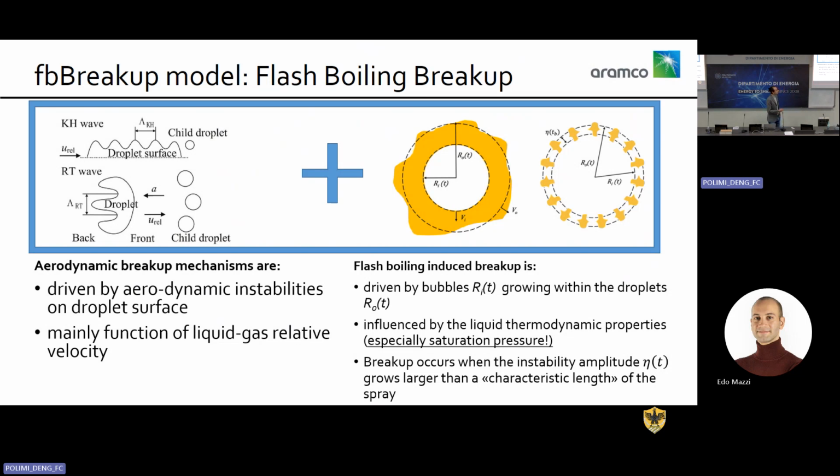In reality it's different. Obviously you have a liquid core, especially in the near nozzle zone, and you have a kind of density distribution of bubbles, but you have to simplify it to make it work in a Lagrangian code. No, yeah, sure. Thanks. You're welcome.